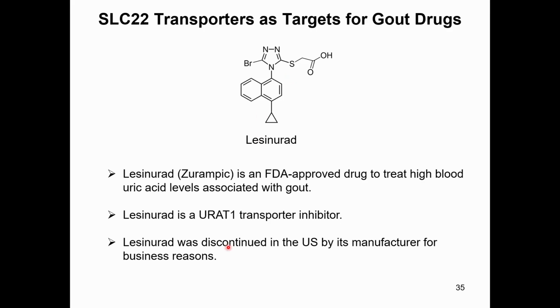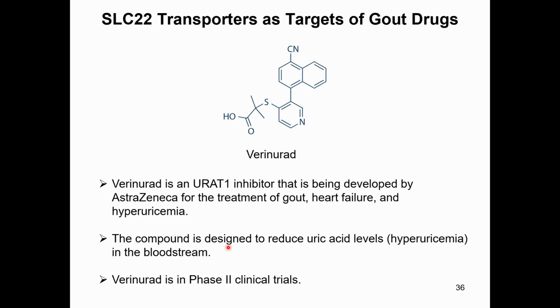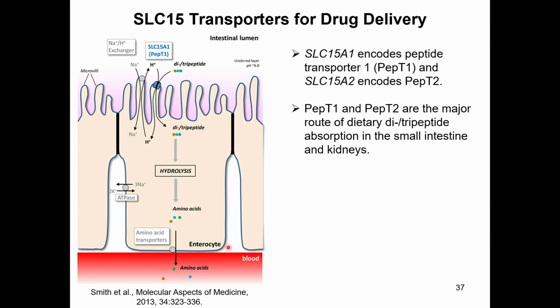It's called URAT1. It's been discontinued because of business reasons. A lot of people, gout is not as much of a problem as it used to be. Here's another one that's in development, but gout is not a huge problem, but many people suffer from it, and it's definitely a transporter-mediated disorder.